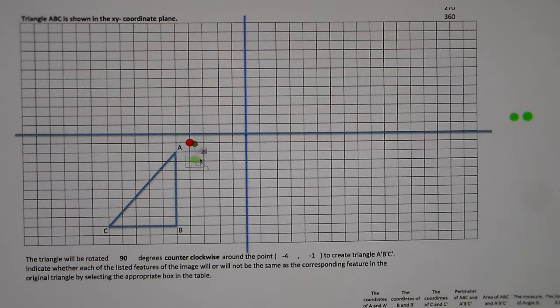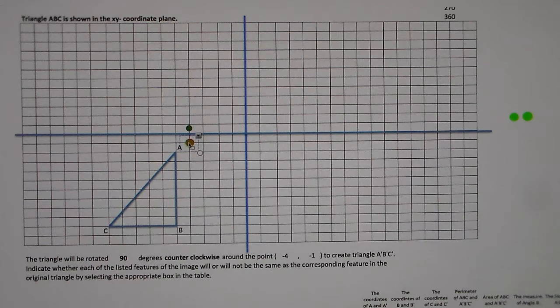So that means where this coordinate A prime is going to be somewhere around here. Now notice, from our center of rotation, A is south and west. So a 90 degrees counterclockwise rotation of south is east. Going west, a 90 degree rotation counterclockwise is then going south.